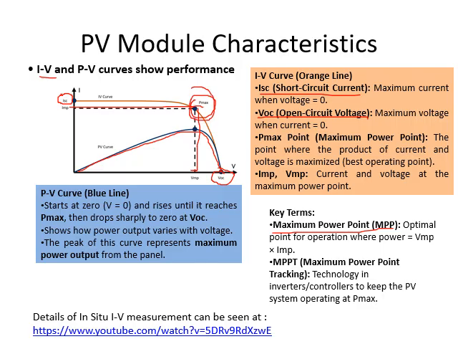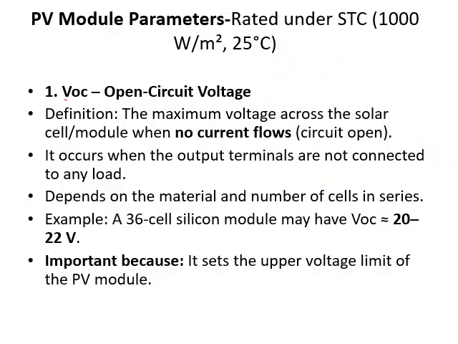The point where we get the maximum power is given by IMP and VMP, for current and voltage respectively. Maximum power point tracking is the technology in the inverter controllers to keep the PV system operating at Pmax. You can watch a detailed video of the in situ IV measurement at the following YouTube video link if you want. And now we talk about the open circuit voltage.